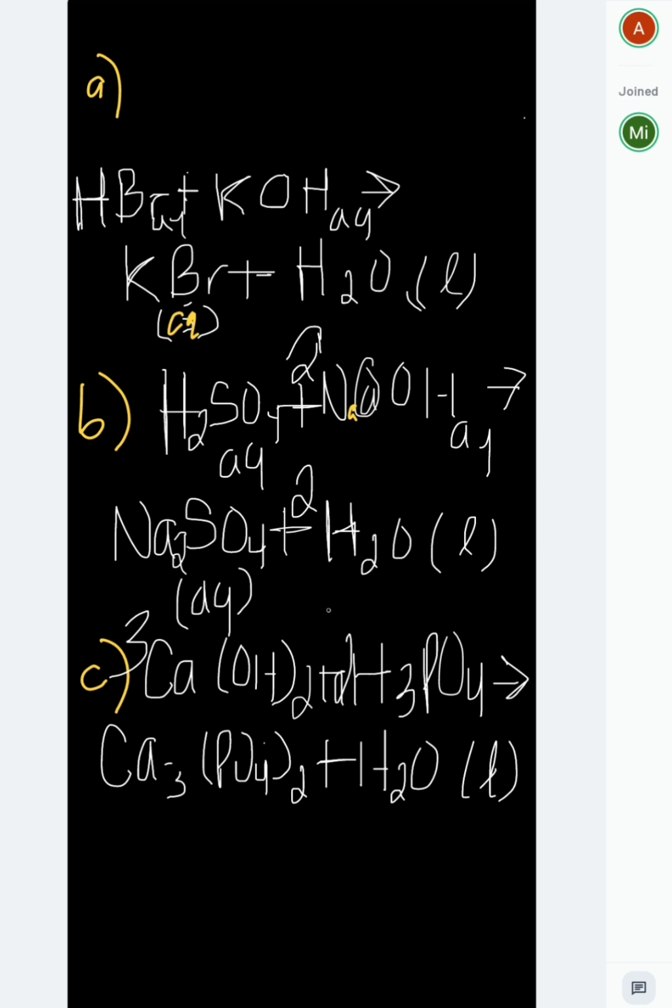So this one is 2. And then your hydrogen, how many hydrogen there? 6 plus 6, 12. So you should put 6 here. So now it's balanced.